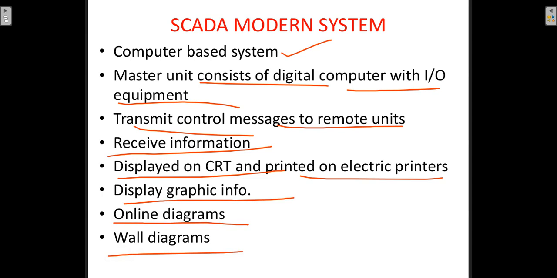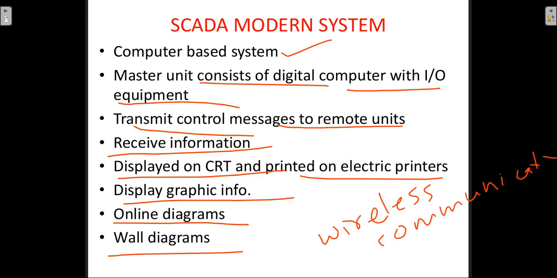These are all new terminologies which were not used in earlier days. Especially here you have wireless communication.